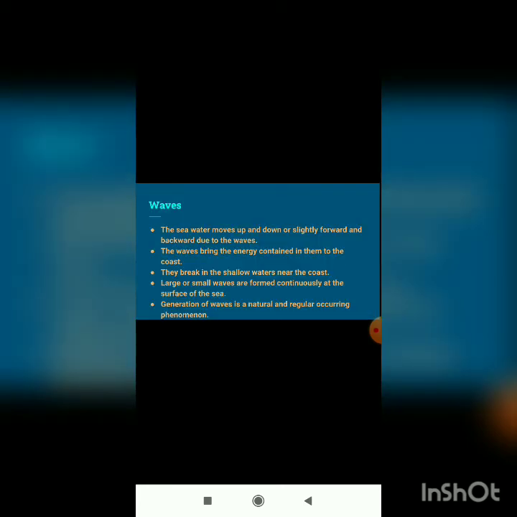Here students, if you look at figure 3.10, you can see the image of waves coming to the coast. The sea water moves up and down or slightly forward and backward due to the waves. What happens to the sea water due to the waves?